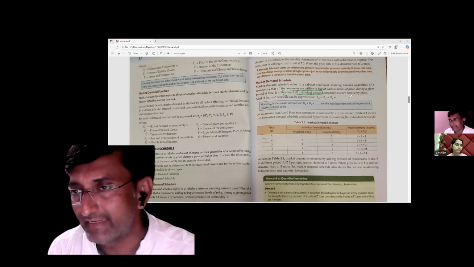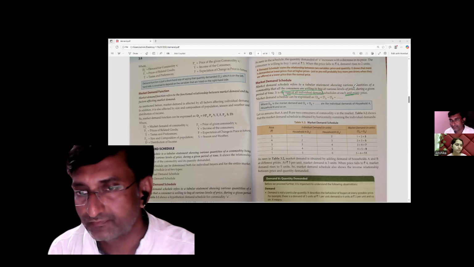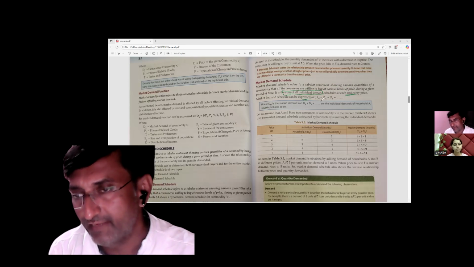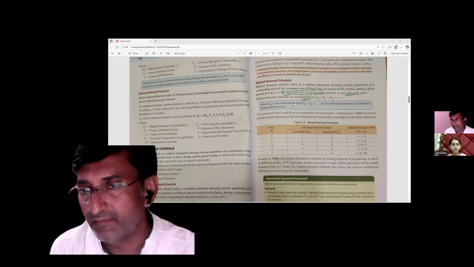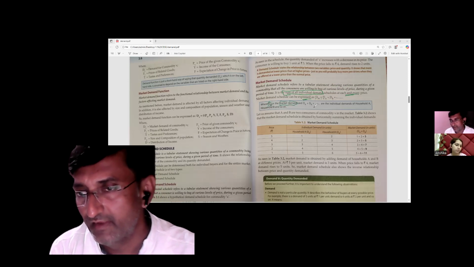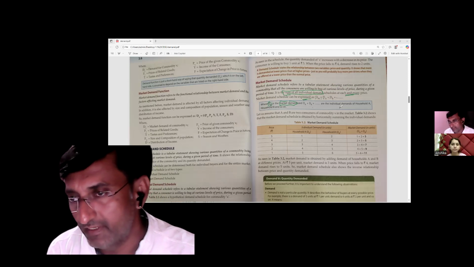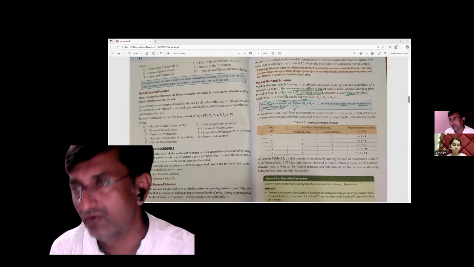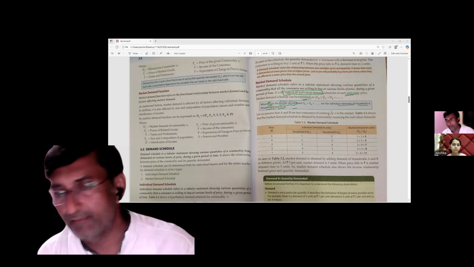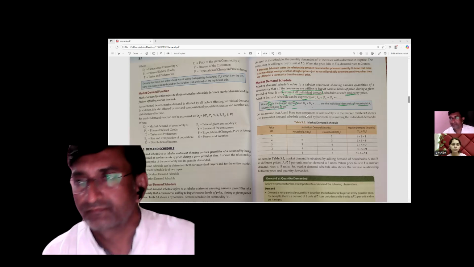So the market demand schedule can be expressed as Dm = Da + Db + ..., where Dm stands for market demand, and Da and Db stand for the individual demand of household A, household B, household C, household D, and so on.